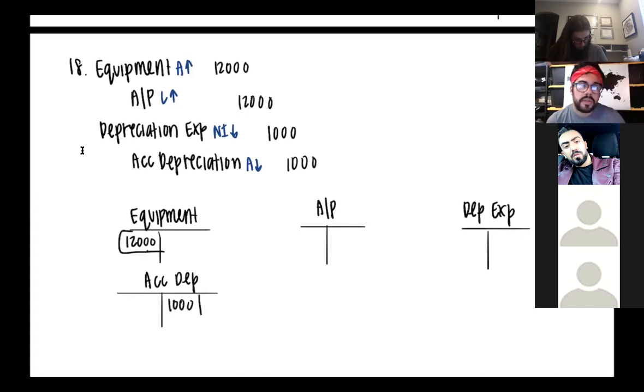So let's look at the assets first. They failed to record pretty much everything. So what happens to my assets? They understated their assets. They're understated because they did not recognize the equipment. How much did they understate it by? 11,000. Good. And my liabilities?